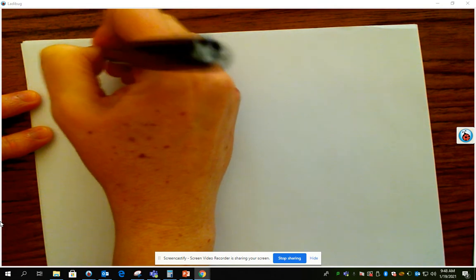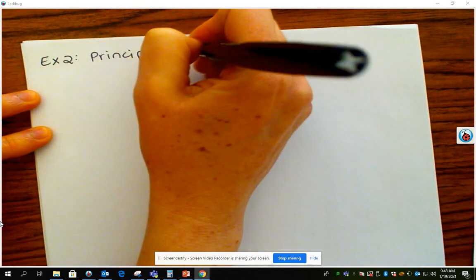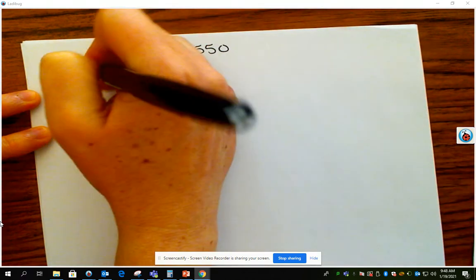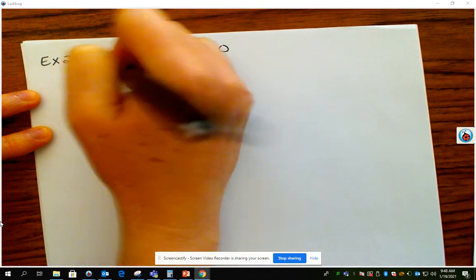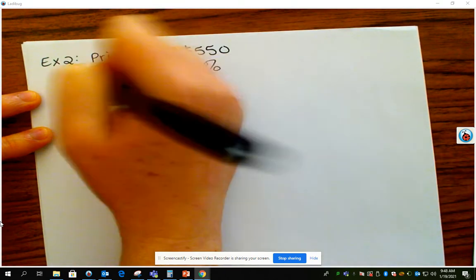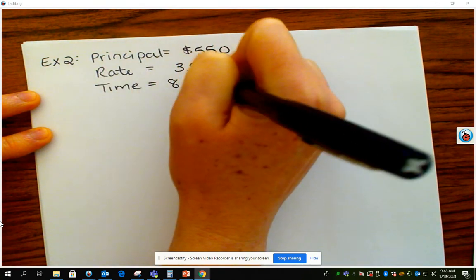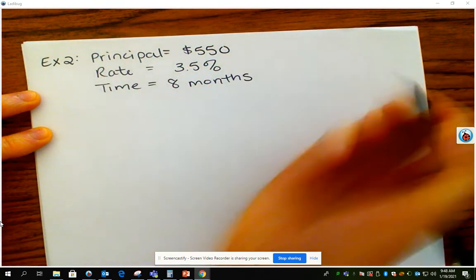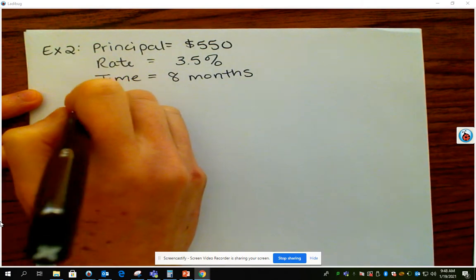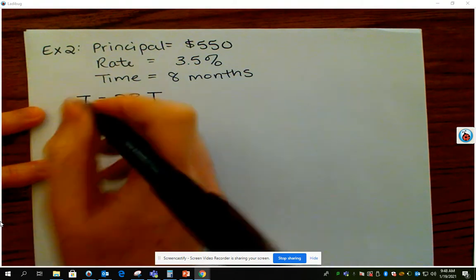Say that my principal is $550 and my interest rate is 3.5%, and my time is 8 months. Okay, so we're going to find the interest first. I equals PRT.